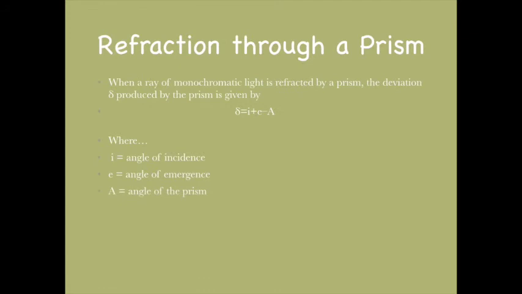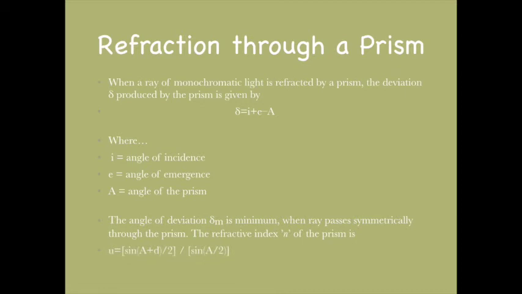The angle of deviation Dm is minimum when a ray of light passes symmetrically through the prism. Then the refractive index n is given by sine of (A plus Dm) by 2 divided by sine of A by 2. Please remember all these formulae. This will be very helpful.